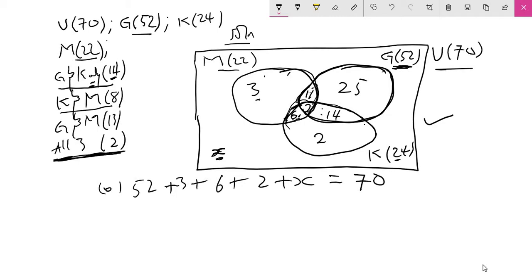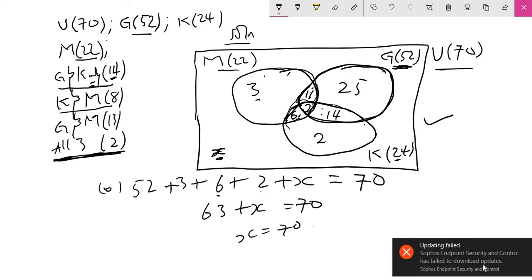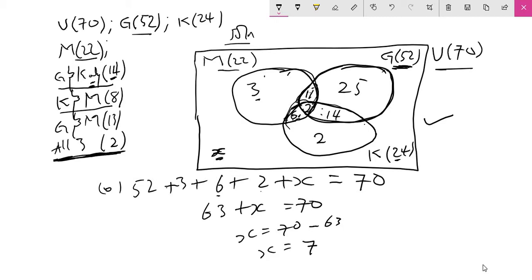And so we add up. 52 plus 3 is 55, 61, and 63. So we have 63 plus x is equal to 70. X is 70 minus 63. X is equal to 7. And so the number of individuals that did not watch any TV stations before sleeping was 7.